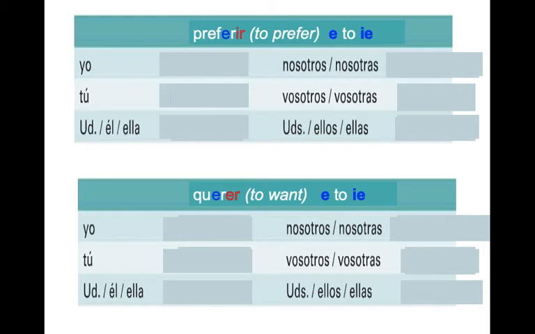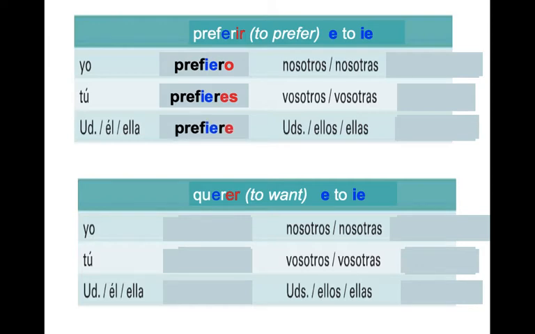Let's try a couple more and see if you can do the conjugations yourself. Preferir. ¿Cómo se dice I prefer en español? Repita, yo prefiero. You, singular informal, prefer. Tú prefieres. Él, ella, usted. He, she, you, formal, prefer.